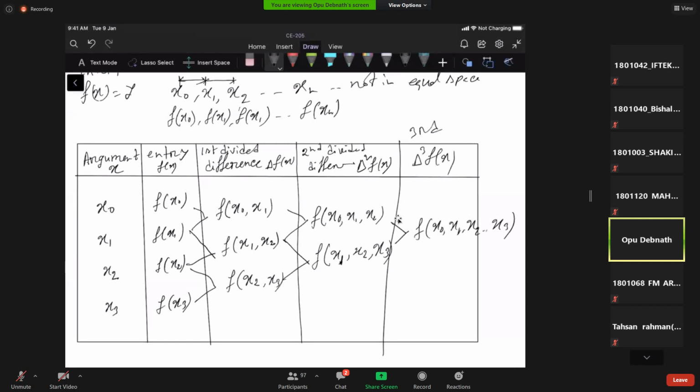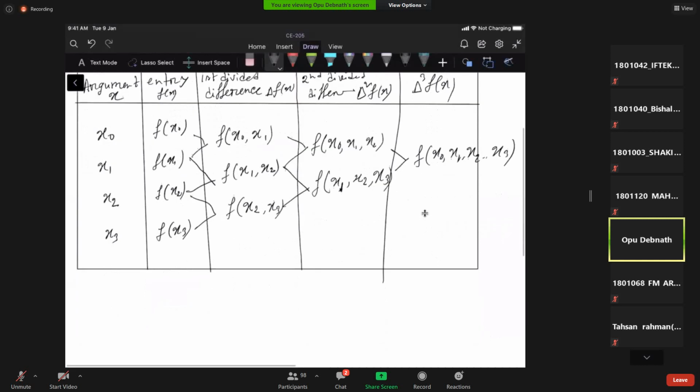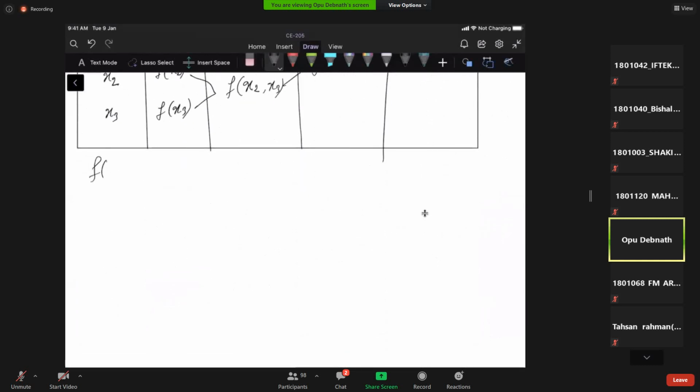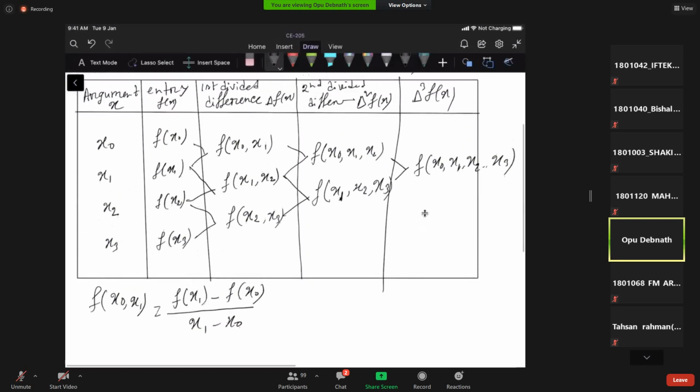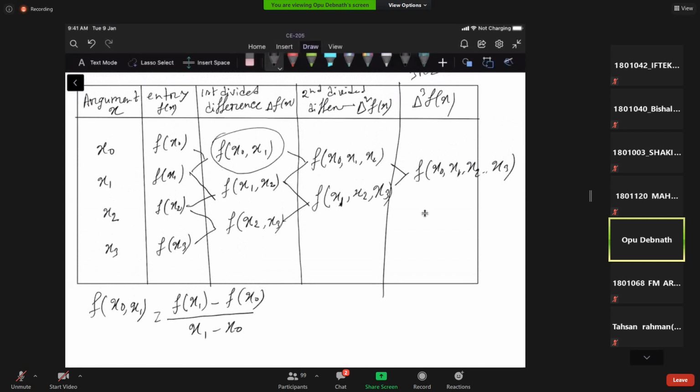So let's show how to calculate these values. How will you calculate these divided differences? The formula for the first one, function of x0, x1, is simply function of x1 minus function of x0, divided by x1 minus x0. You are calculating the first difference from these two values.